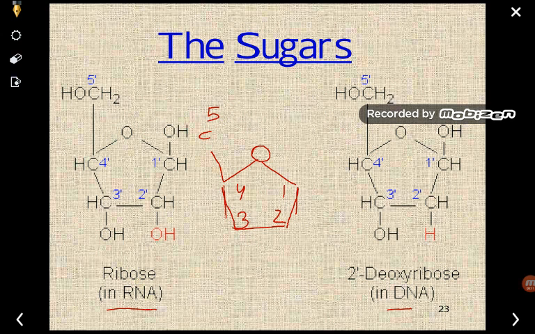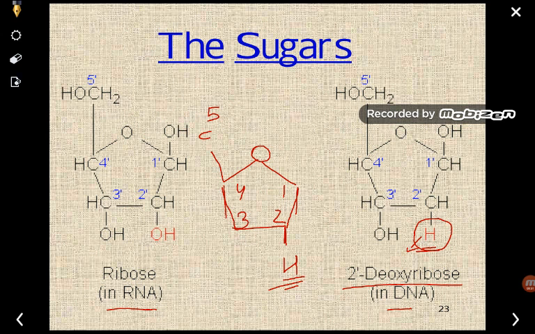In the case of the second position of carbon, we can find there is the presence of only one hydrogen atom over here. So this is why it is said to be 2-deoxyribose, meaning one oxygen is not there as compared to the ribose.